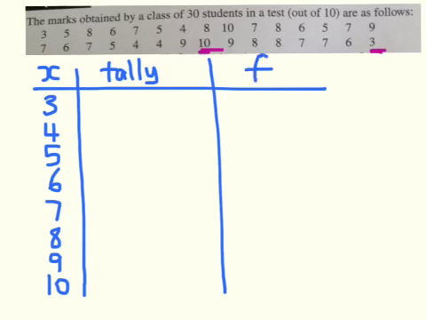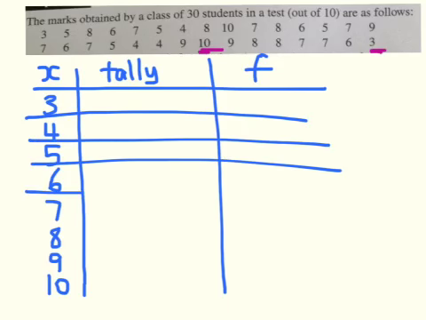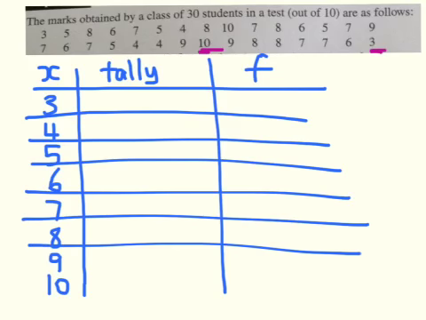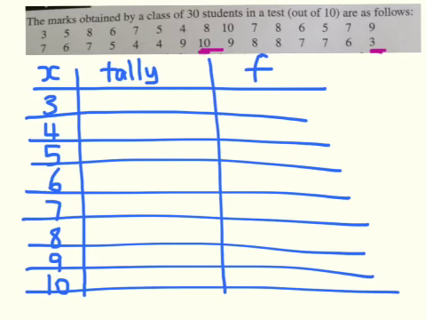Now, the best way to do this is systematically. If you like, we can put in some rows so it looks a bit neater. It'll be easier for you to do it with your book. Instead of going through and working out how many 3s there are all up, or how many 4s, or how many 5s, which might take a long time, we're going to utilise the tally column, and we're just going to start at the very first number.